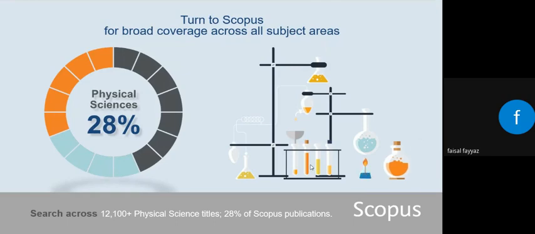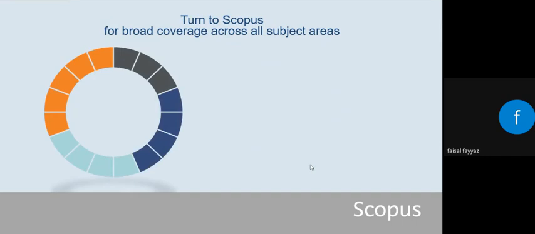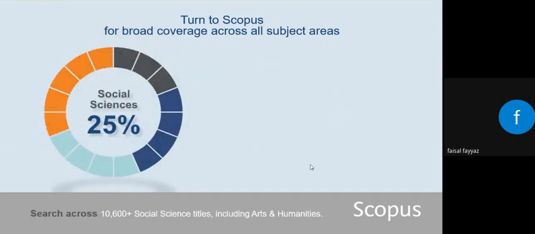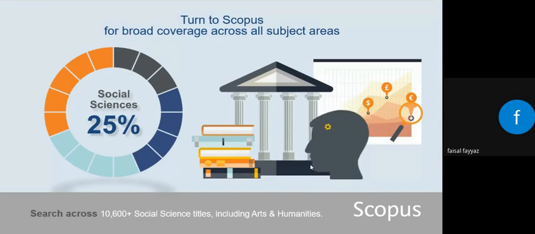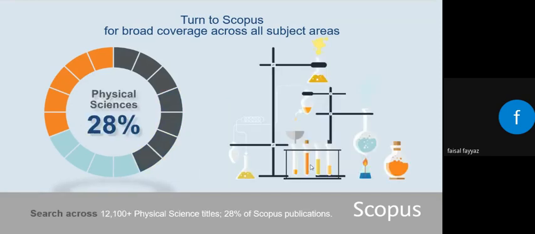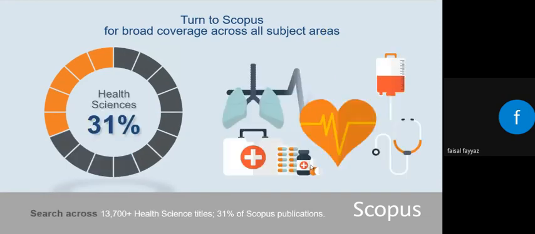And again, Scopus is basically a worldwide standard, and mostly people have Google Scholar ID and the other things, but Scopus preference is much better than others. So there is a hierarchy. Social sciences you are looking 25%, basically Scopus focuses on this field, social sciences, and 28% on physical sciences, and then 31% on health sciences.